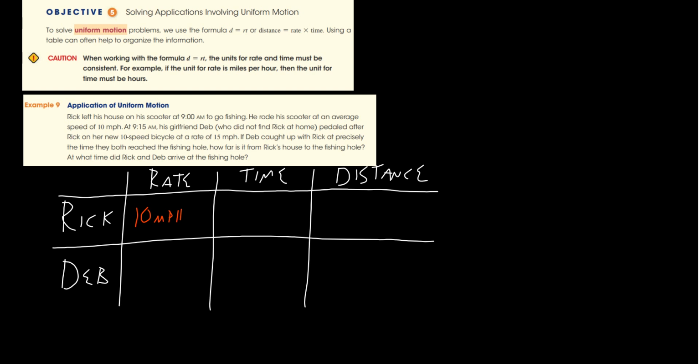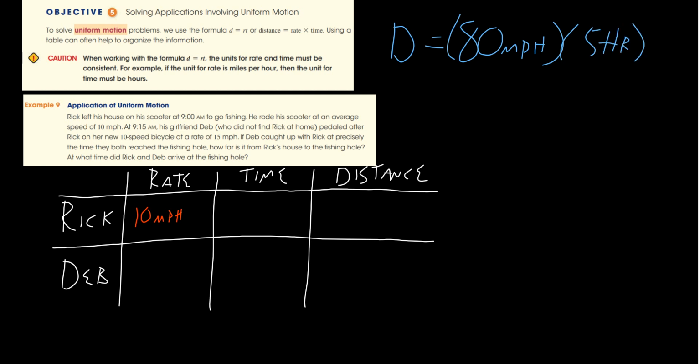Before I continue here, let's examine distance equals rate times time. It's pretty easy. In my opinion, it's very intuitive. Think about it. Let's say you are a speed demon and you are driving at 80 miles per hour, and you drive for 5 hours.